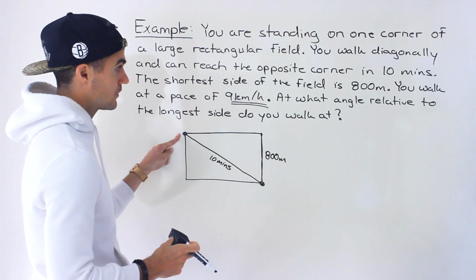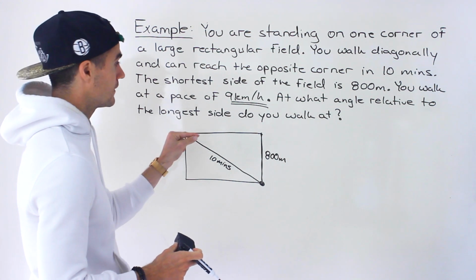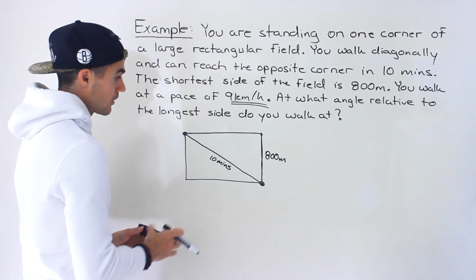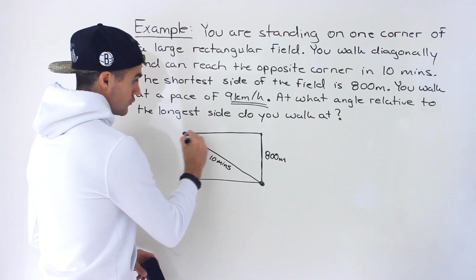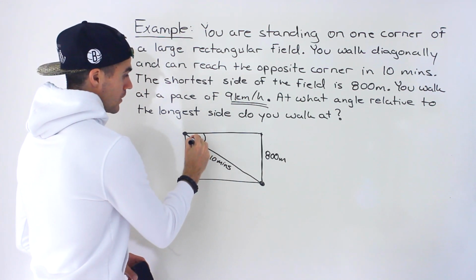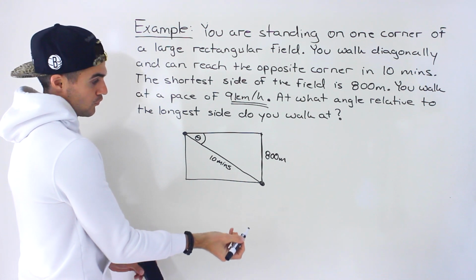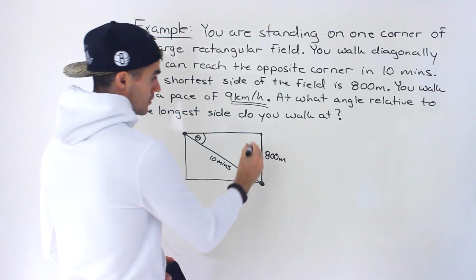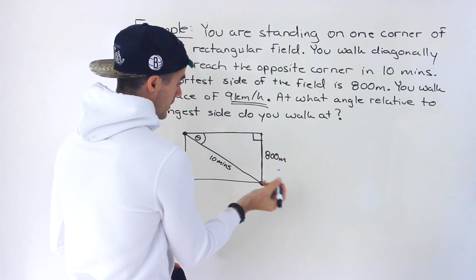Okay, and then what they're asking is at what angle relative to the longest side do you walk at? Meaning, what angle to the longest side are you walking at? So they're asking for this angle right here. And notice that this is a right triangle.